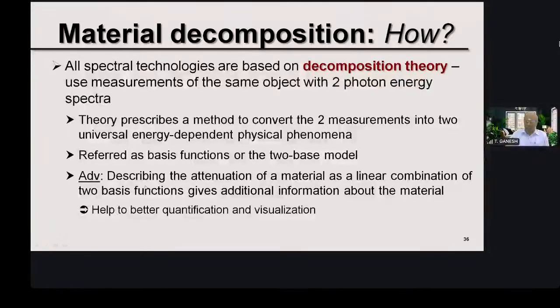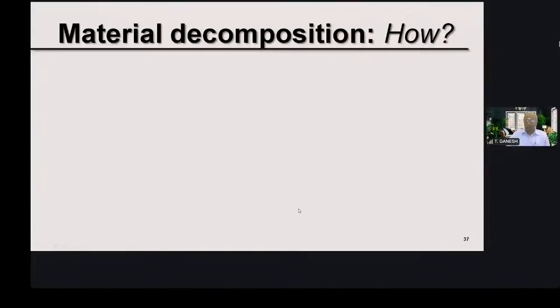The advantage is that you will be able to describe the attenuation of a material as a linear combination of two basis functions, which gives additional information about the material. So attenuation of a material can be described as a linear combination of two other materials. It helps us to better quantify and visualize whatever we want to see.